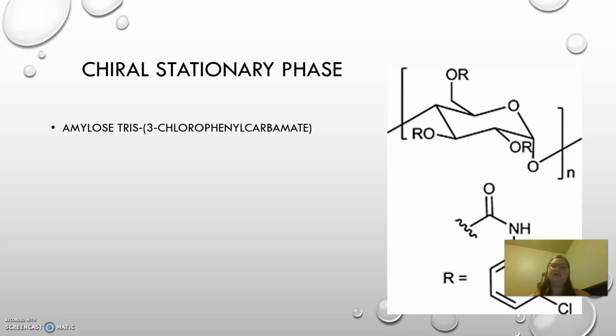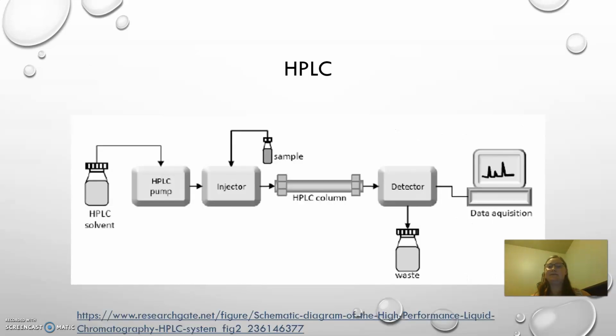Most chiral stationary phases are actually polysaccharide derivatives. In this case, it's amylose, and other ones also use cellulose. This is because polysaccharides do a very good job of having lots of different chiral centers, and so you can get a lot of different attractions to different places with those.